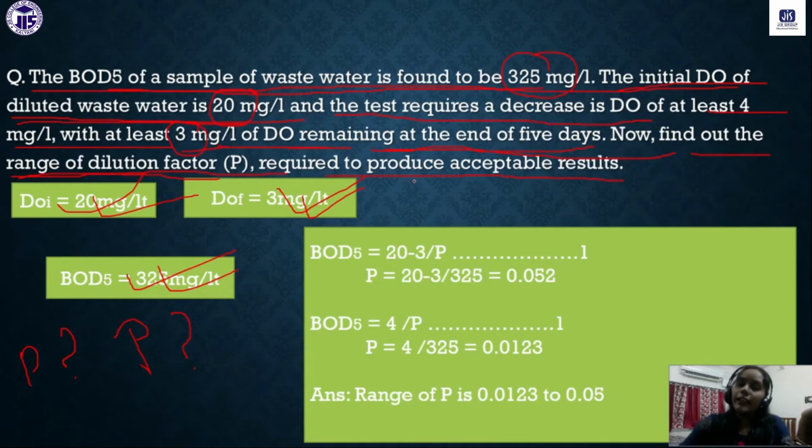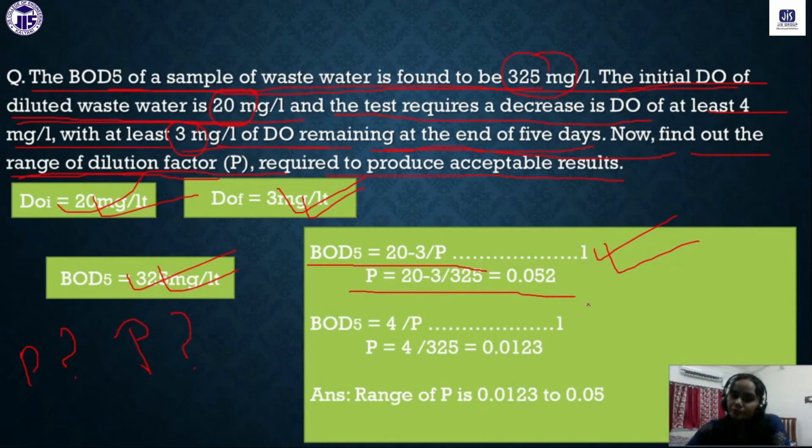So that is why here we have to use the previous BOD test. Okay, so that is why here we have used DOI minus DOF divided by P, the simple equation. That is equation number 1.